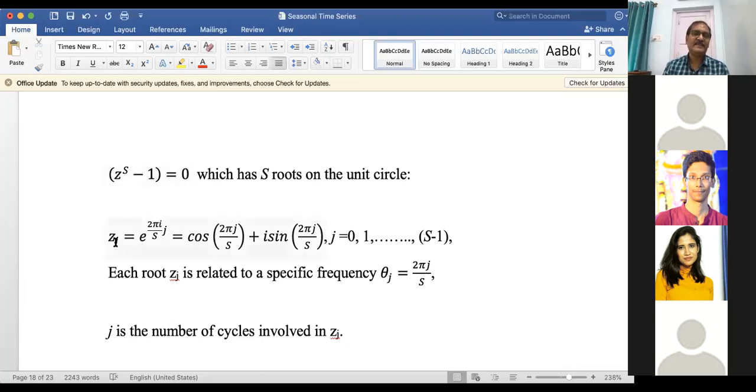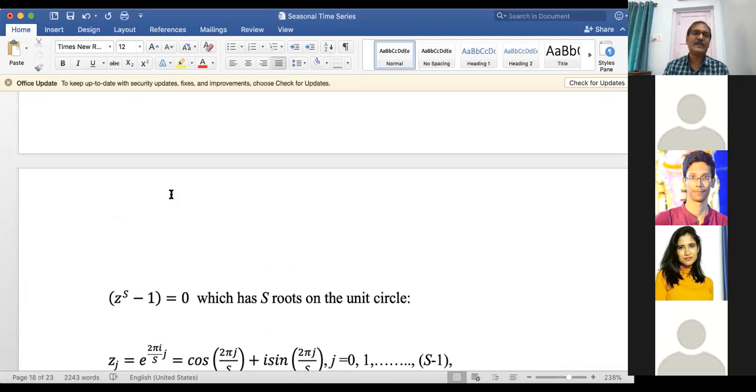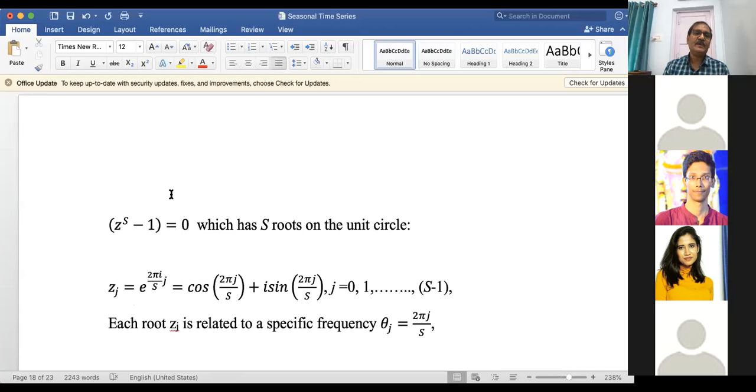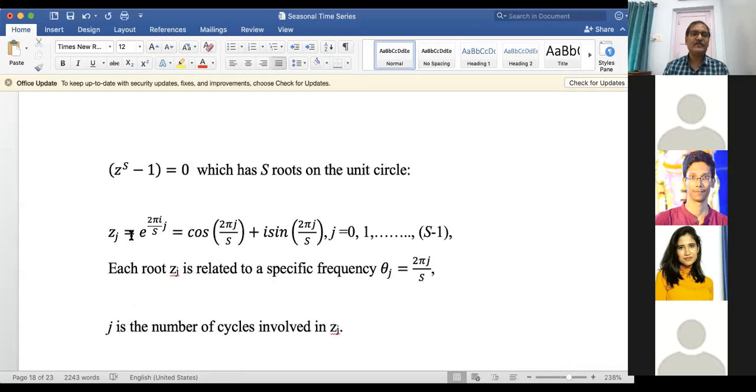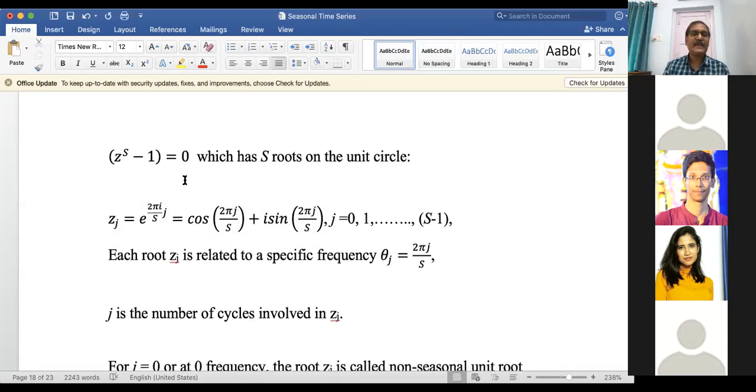Zj denotes the jth characteristic root. How many characteristic roots will you get here? S characteristic roots for seasonal frequency S. If you have S equal to 4, you will get 4 characteristic roots as we got earlier. If you have S equal to 12, we have 12 characteristic roots, and we express the value of the characteristic roots in this way: zj is equal to e to the power 2 pi i by S into j.